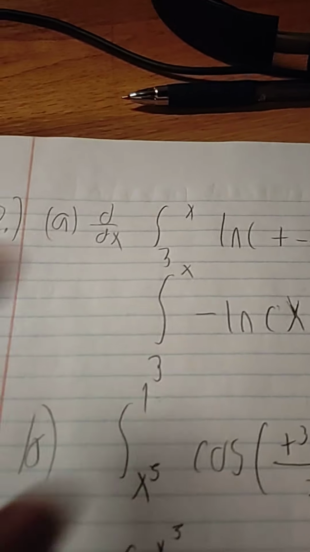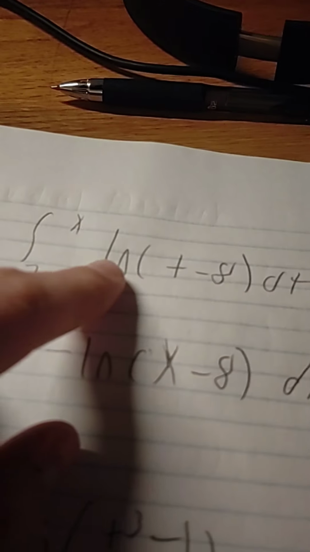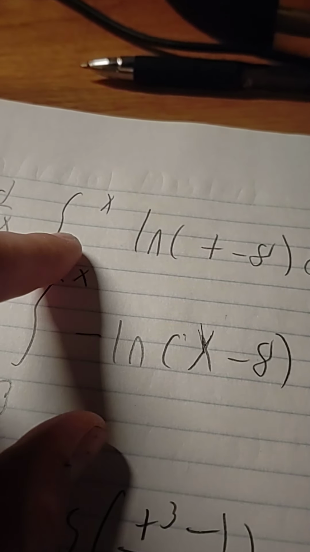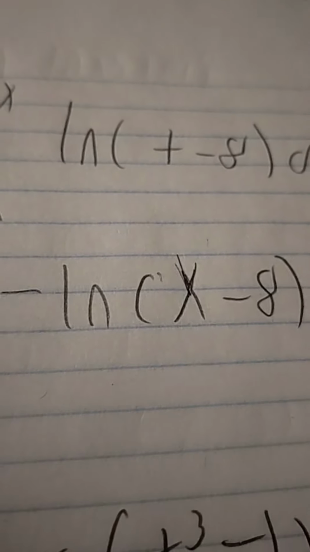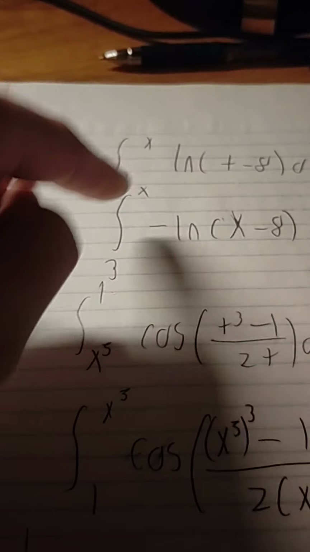Then after that, we got d over dx of the integral from 3 to x of ln of t minus 8 dt. So applying the second fundamental theorem of calculus, it's already going from 3 to x.